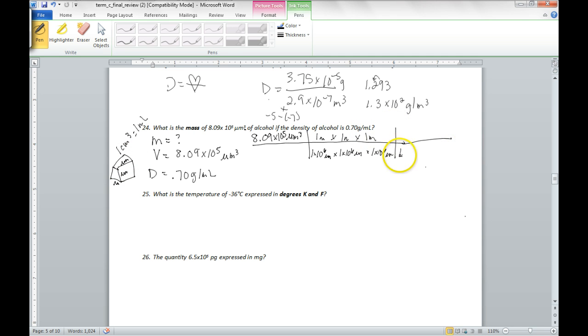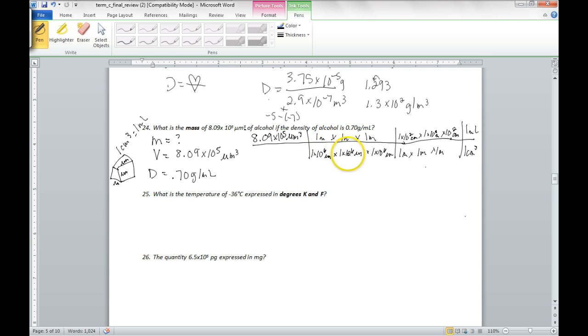And then I know that 1 meter times 1 meter times 1 meter is equal to 1 times 10 to the second centimeters times 1 times 10 to the second centimeters times 1 times 10 to the second centimeters. And I know that 1 centimeter cubed is equal to 1 milliliter.